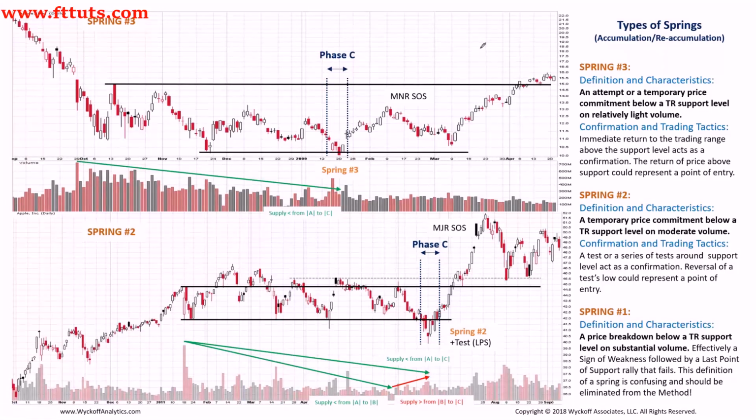Originally, Wyckoff did not have a definition of a sprint, if you can believe this. The definition of the sprint was added later on by Bob Evans, who was the apprentice of Wyckoff. When Wyckoff passed in 1934, Bob Evans inherited the Stock Market Institute, and he produced a number of great material points about the methodology.